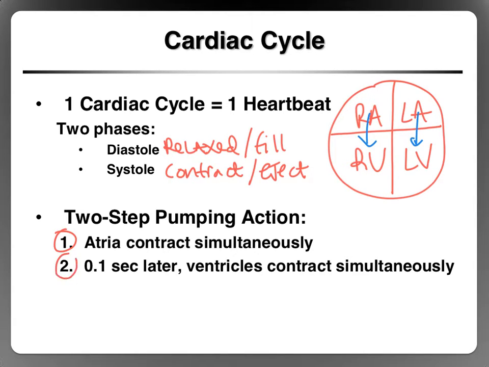There's about a 0.1 second delay, and then the ventricles contract together. And when the ventricles contract, they eject their blood. So the right ventricle ejects its blood into the pulmonary vein, and the left ventricle ejects its blood into the aorta.